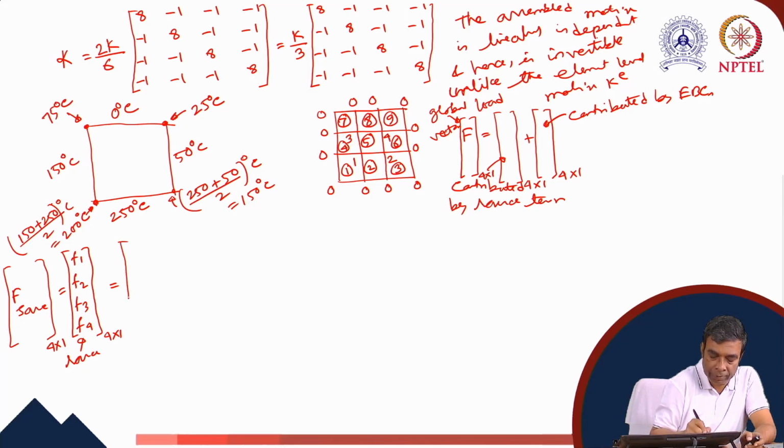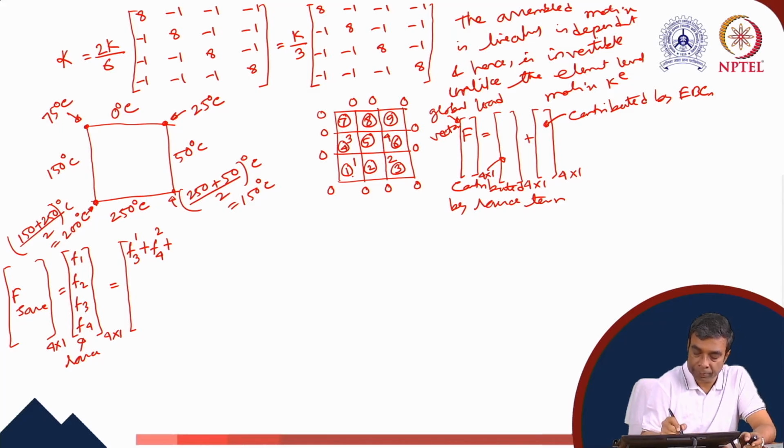If we look into this, we can see that by observation we can make the assembly. So F1 equals to F3 of element 1 plus F4 of element 2 plus F2 of element 4 plus F1 of element 5.